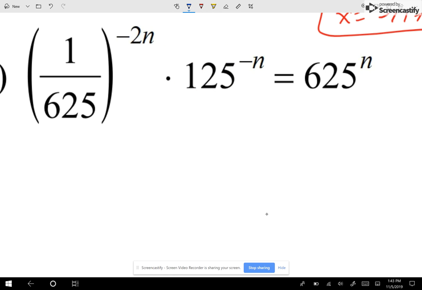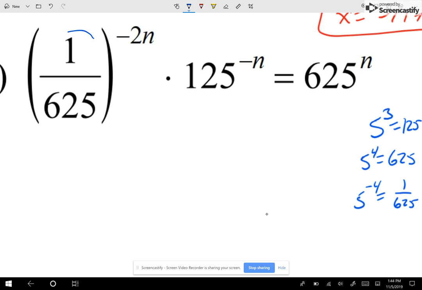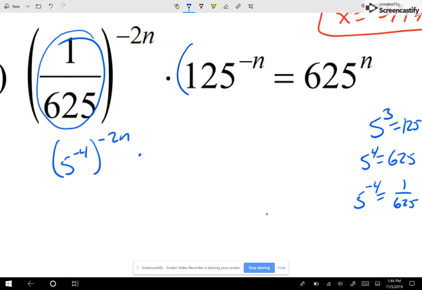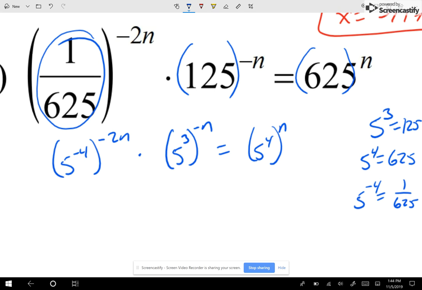I know 5 to the third equals 125. 5 to the fourth equals 625. So 5 to the negative fourth equals 1 over 625. So this fraction, I'm just going to call it 5 to the negative fourth to the negative 2n times 125, I'm just going to call that 5 to the third to the negative n equals my 625, I'm going to call that 5 to the fourth to the n.